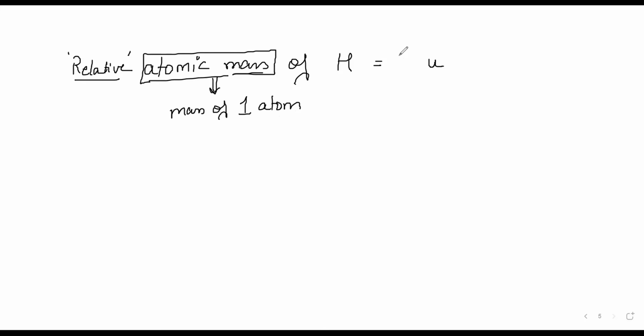So the mass of one atom of hydrogen, the relative atomic mass of one hydrogen atom, is 1 U. As of now, you can take it as a fact. And as I said, I'll be discussing the term relative in another video, how and why we take relative masses in chemistry.